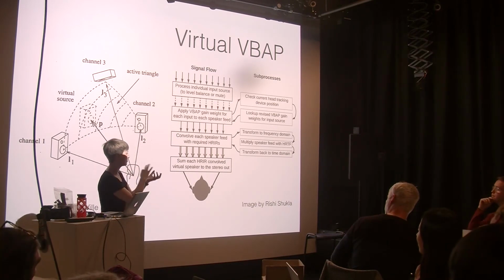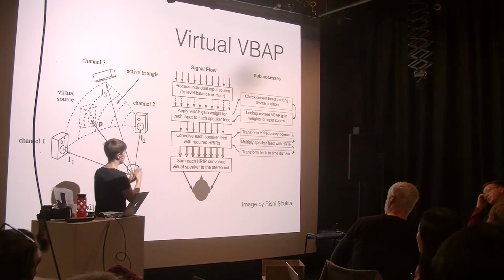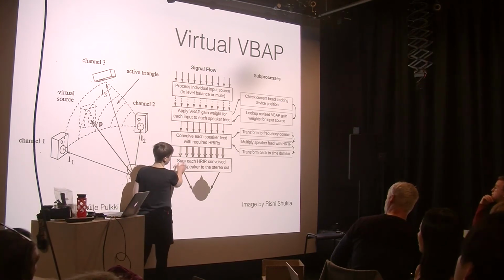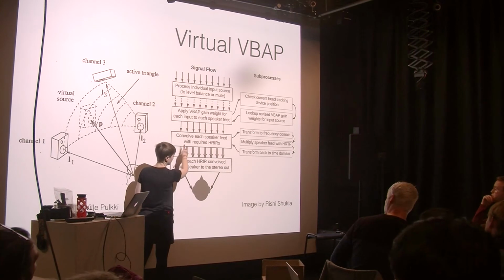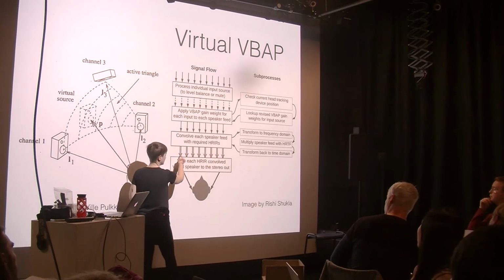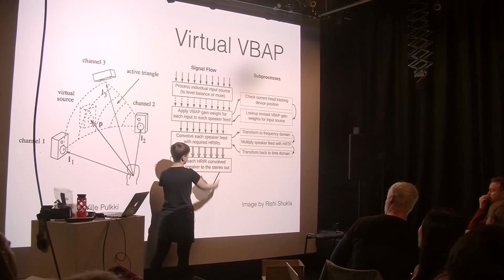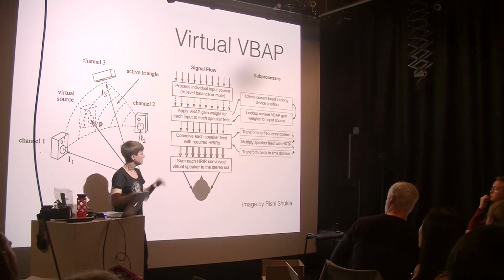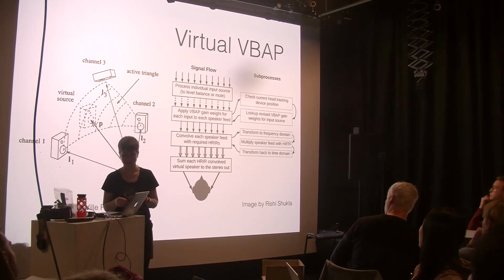They're just the time-frequency inversions of each other; you can think of them as the same thing. Each of these is an individual binaural signal, the binaural signal for a single virtual loudspeaker. We sum them all together, and we get a single left-right audio signal.